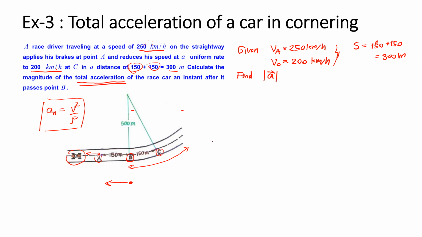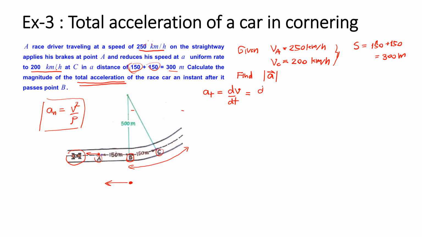What we are familiar with, what we can use from the rectilinear motion, is to obtain the tangential acceleration. The tangential acceleration is the change of the magnitude of the speed divided by the time. But in this problem, they didn't give the information of the time.